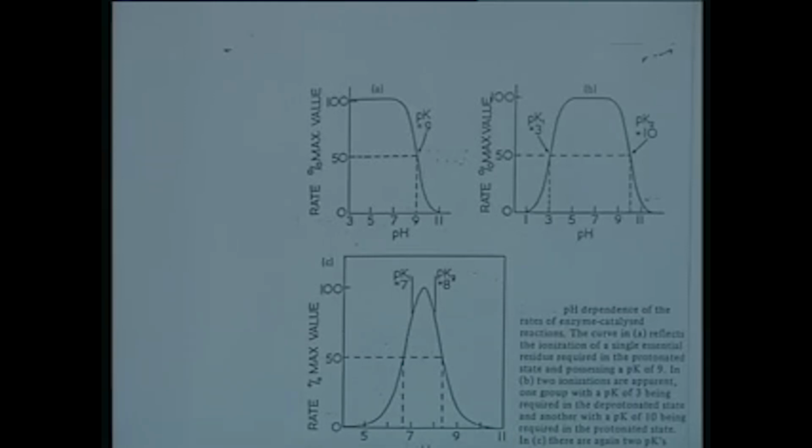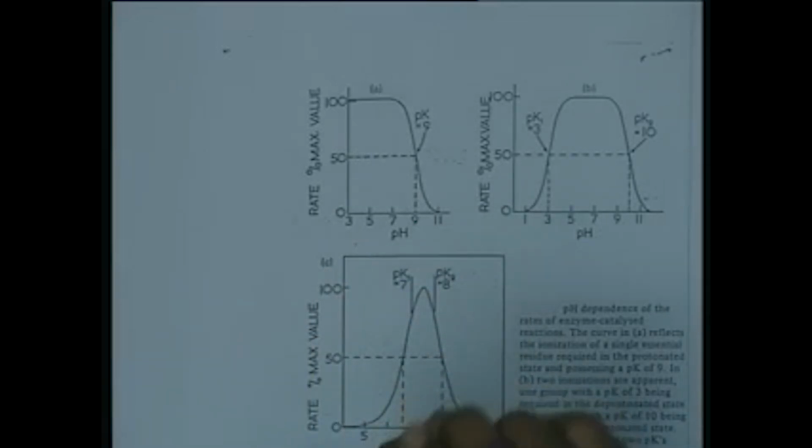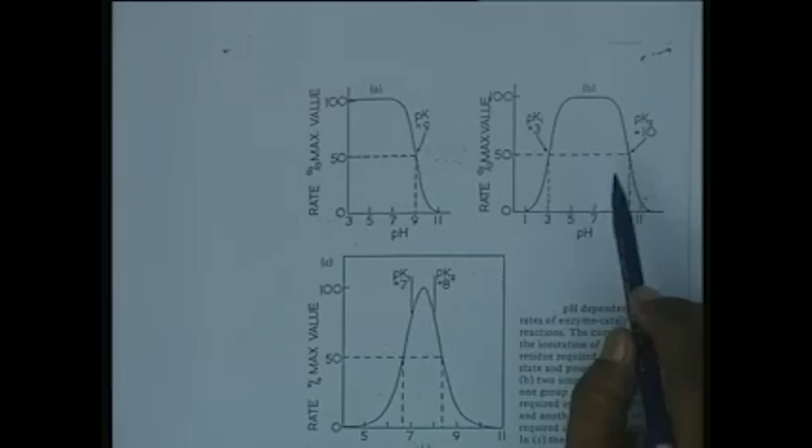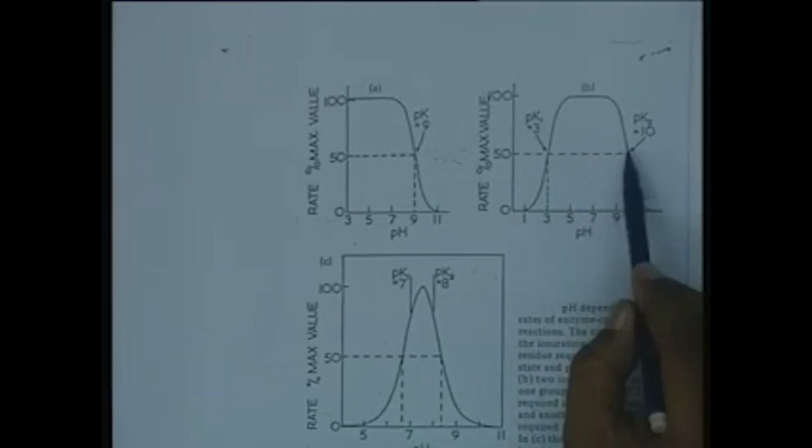Now this probably reflects the presence of 2 ionizable amino acid residues, one acidic, one basic, in the enzyme active site, and with the 2 amino acid residues, one of pK 3 and one of pK 10, this is the typical profile you get.